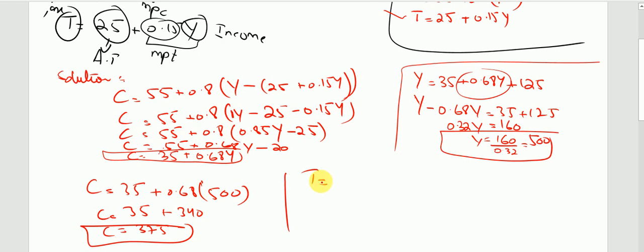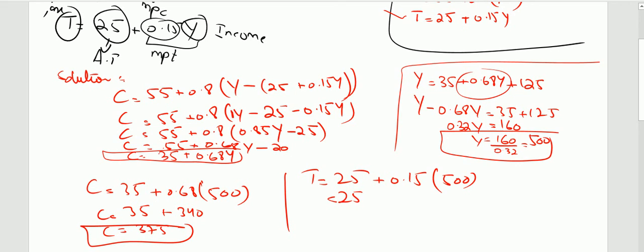Now the remaining variable is only tax. So now we put this income value into the taxation equation, which is 25 plus 0.15y. Here in place of y we will put 500, and now we solve it for taxation.